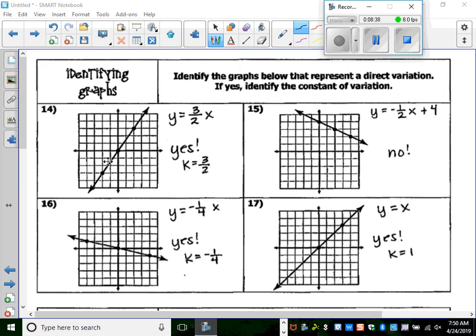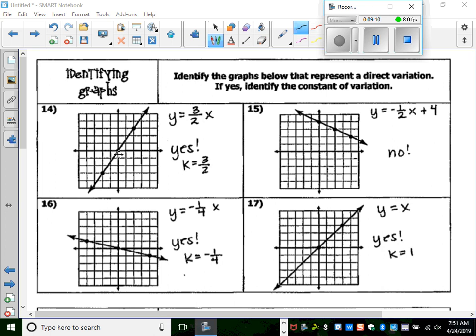All right, so now we're going to look at a graph and determine whether or not it is in direct variation form. We know this is direct variation because it is passing through the origin. Okay, that's number 1. So it says, if yes, identify the constant. Well, the constant is like your slope. So really it's asking you for the slope because when it's in mx plus b form, the number beside x is your slope. Okay, so you can say k and m are really equal to each other.